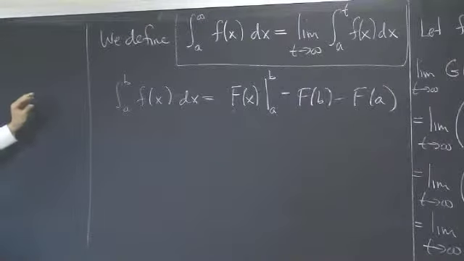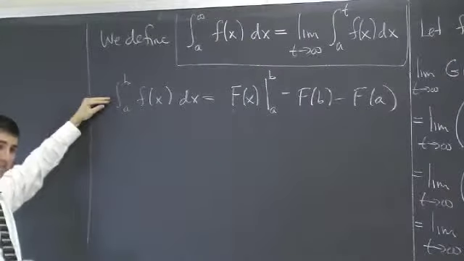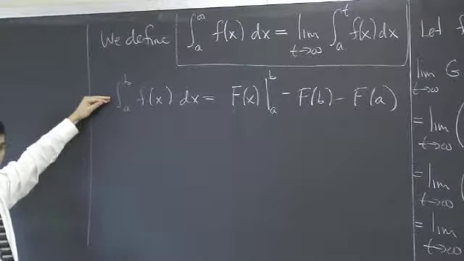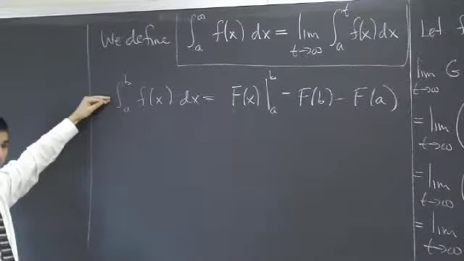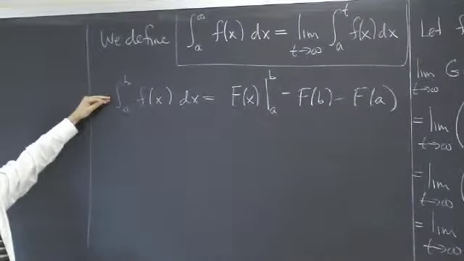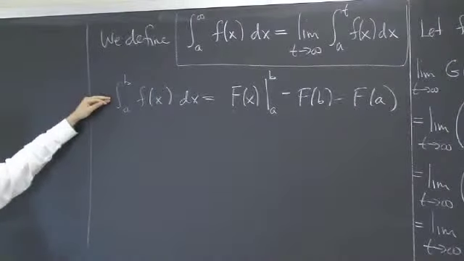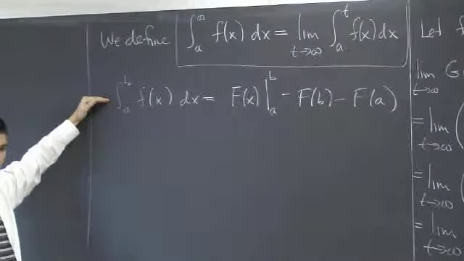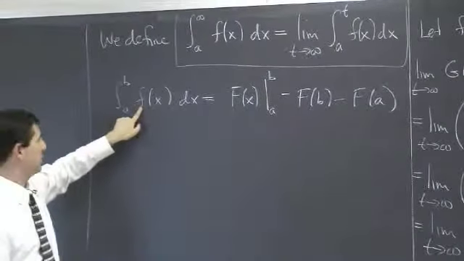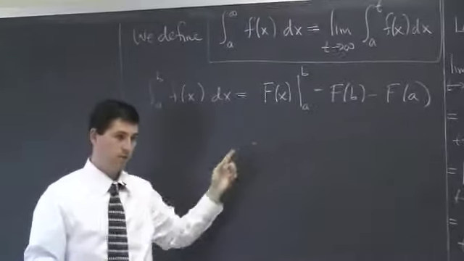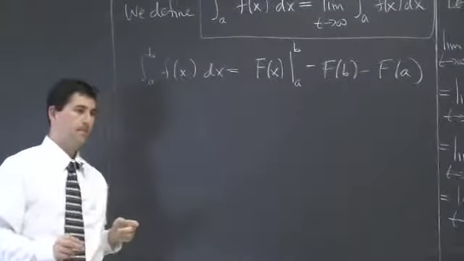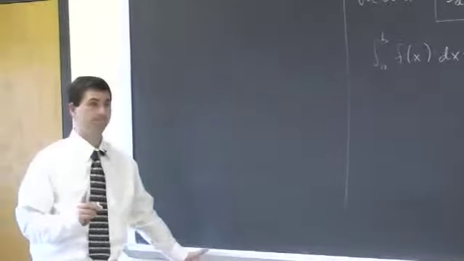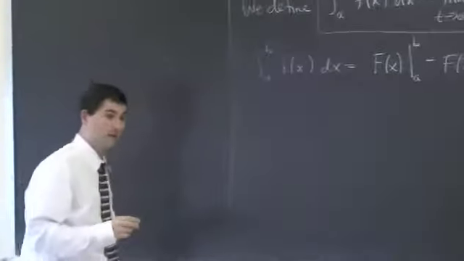This is not always true. I need at least one good assumption on the function. You remember the assumption? In fact, this problem showed up on the midterm. What do I have to know about this function for this to be true? Almost. I don't need it to be differentiable. Continuous. I need it to be continuous.